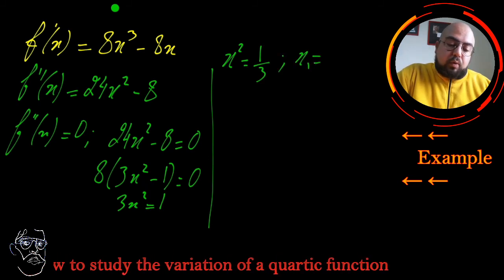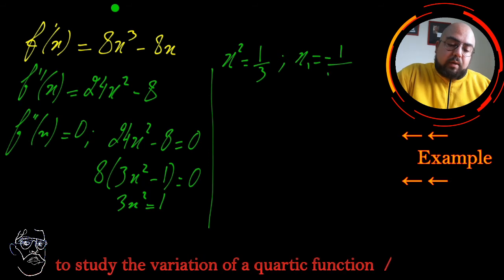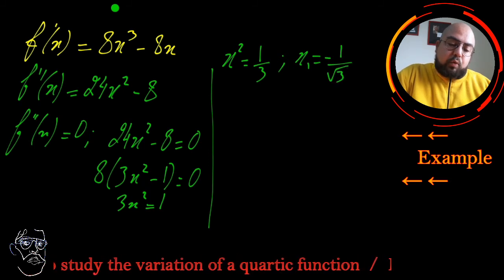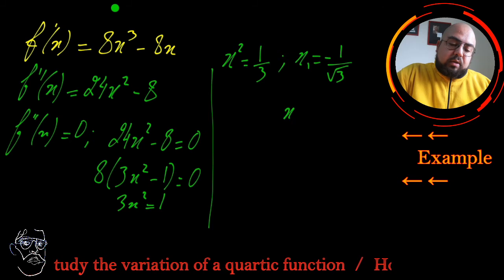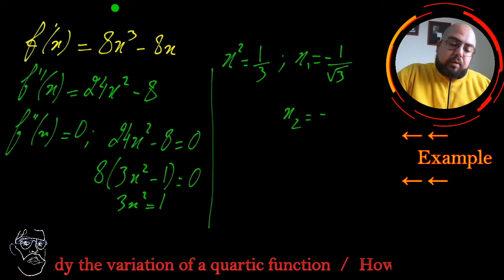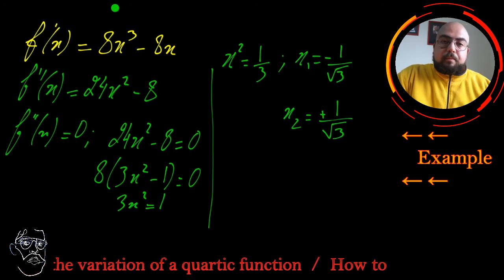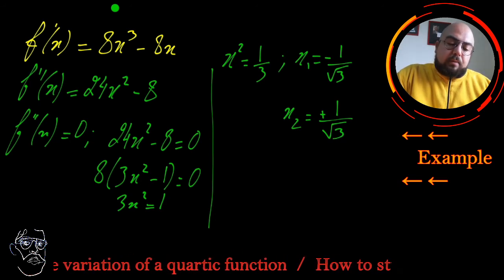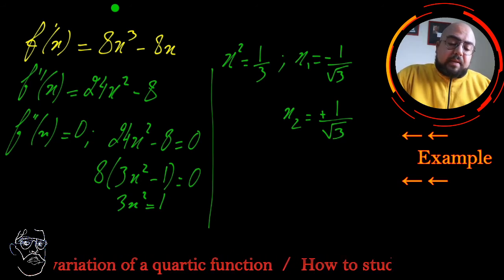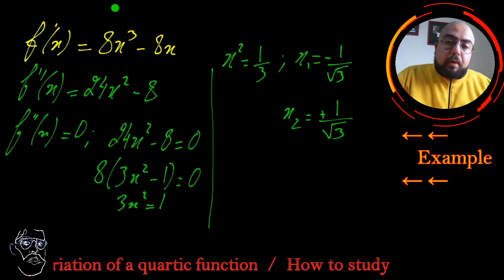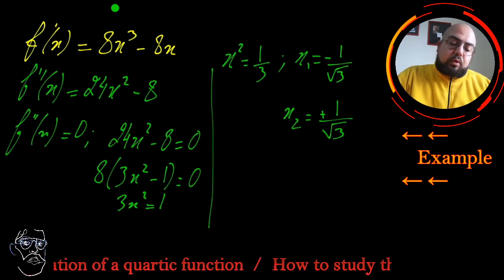X1 is equal to minus 1 over square root of 3. X2 is equal to plus 1 over square root of 3. So these are the abscissas of the inflection points that you're gonna have.